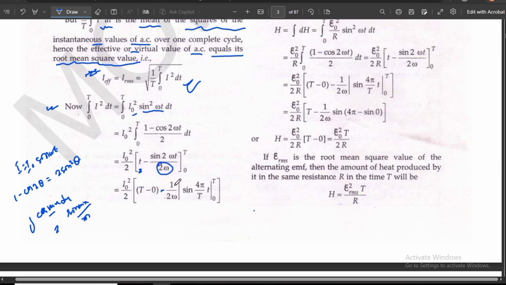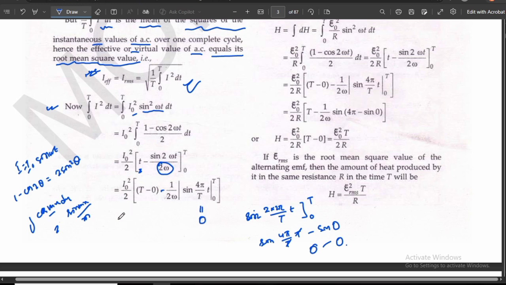We have taken the 2 omega part outside, so 1 by 2 omega, and sine of 2 omega t, where omega is 2 pi by T, into t. Now if we put the limits 0 to T, this is 4 pi by T, so sine 4 pi by T, upper limit T, minus sine of the lower limit, sine 0. So T and T get cancelled, and sine 4 pi is 0 and sine 0 is also 0. So this part is contributing nothing, only 0.